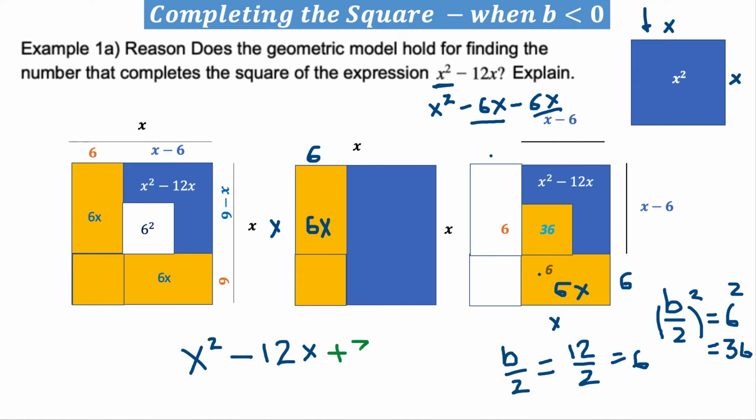And now we have created a perfect square trinomial, which is equal to x minus b over 2, which happened to be 6, squared. We converted it into the perfect square binomial. And the geometrical interpretation of this example holds.